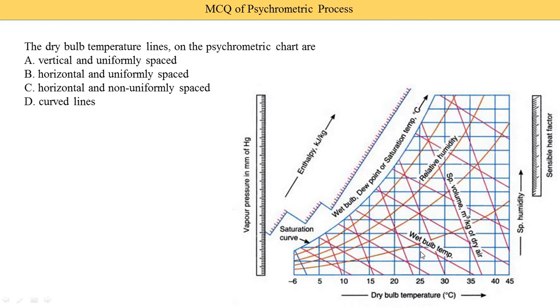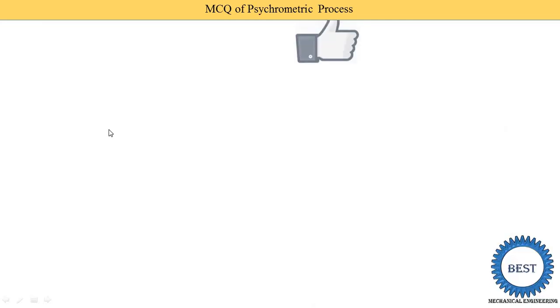This blue vertical line passing through 25 indicates the dry bulb temperature 25. This is the dry bulb temperature 20, this is 15, then 10. What kind of line is this? It is a vertical line. When a parameter is on the x-axis, its constant line is vertical. When a parameter is given on the y-axis, its constant line is horizontal. So the dry bulb temperature lines are vertical and uniformly spaced. Option A is the correct answer.